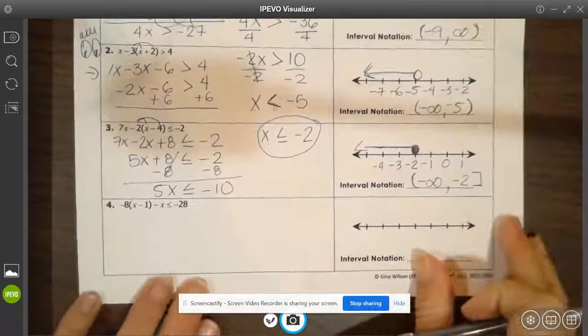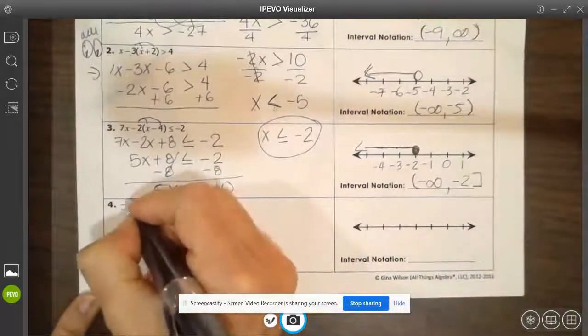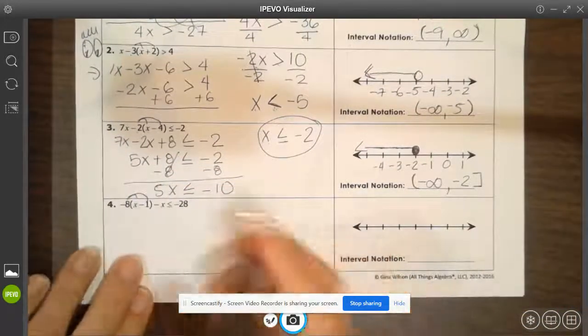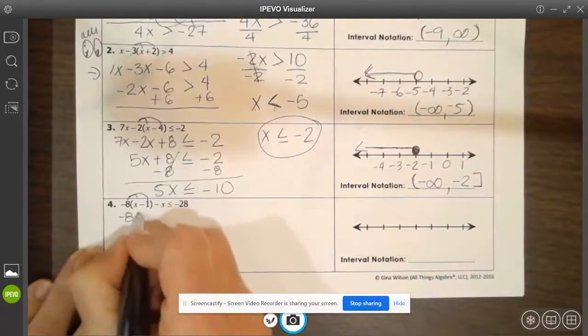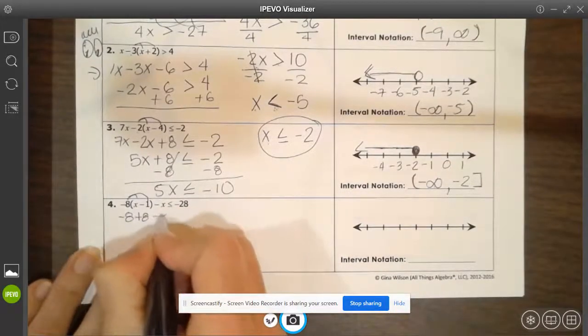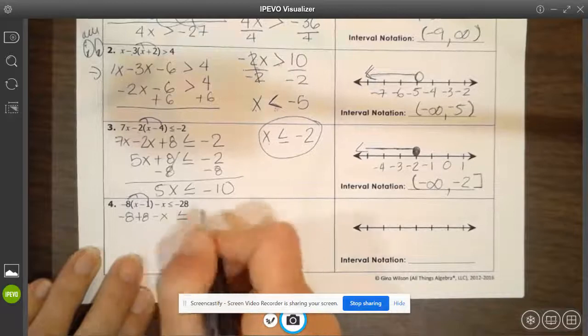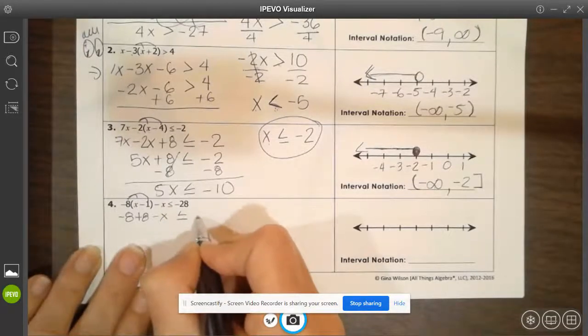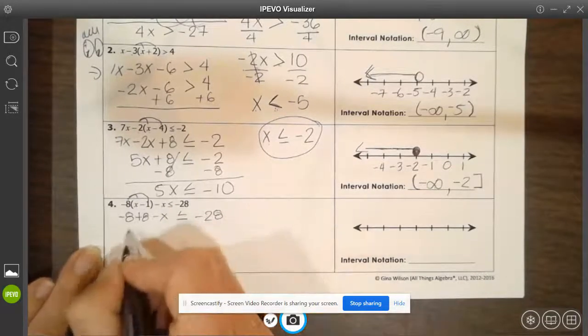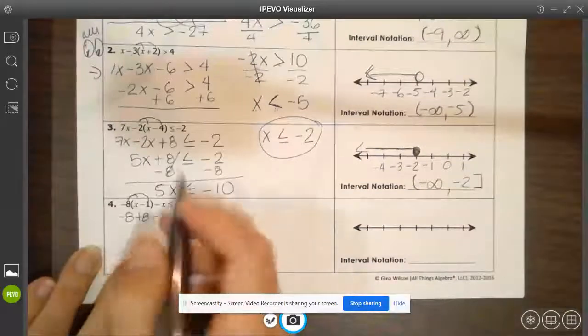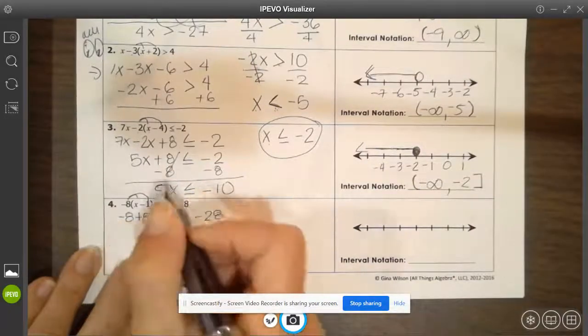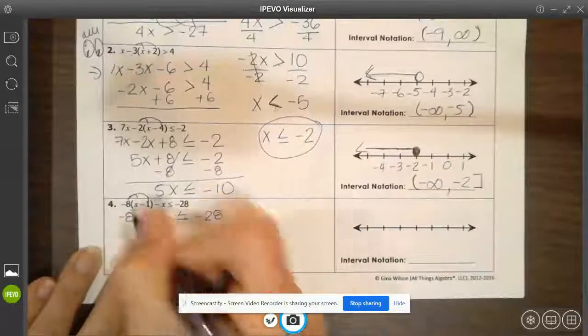This one. All right, so first we distribute, we solve the inequality. That's negative 8 times negative 1, that's plus 8 minus x, and then less than or equal to negative 28. We combine like terms, right? And then, so that's x, I missed the x here.